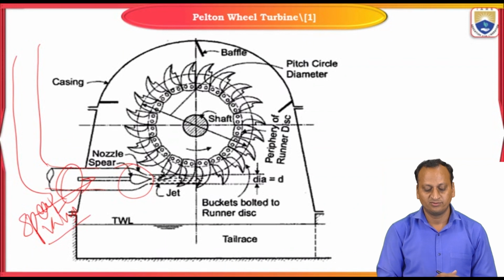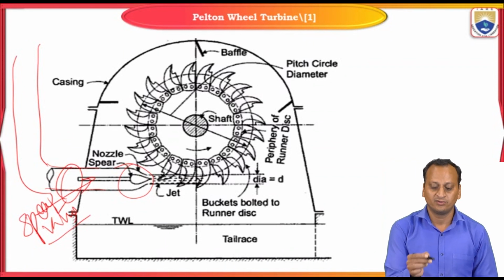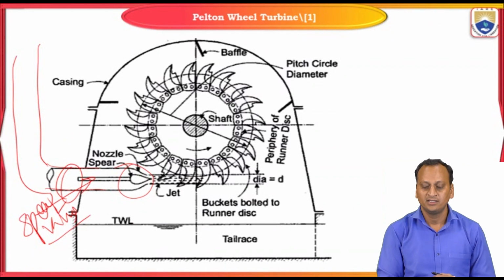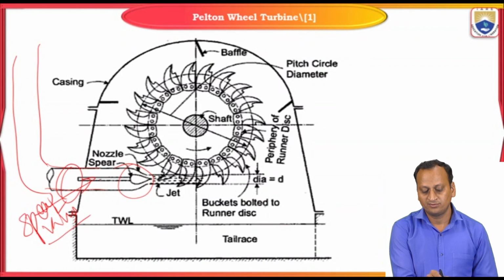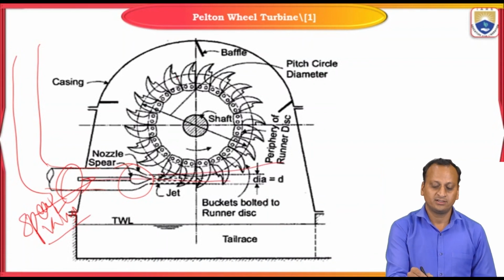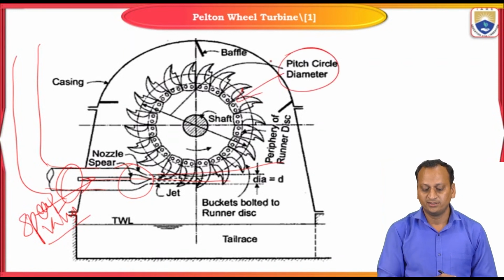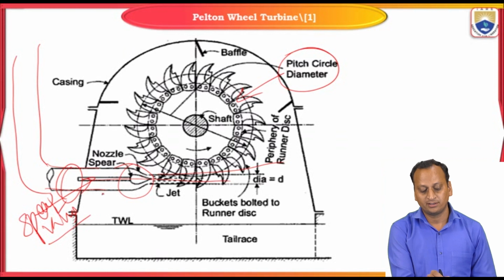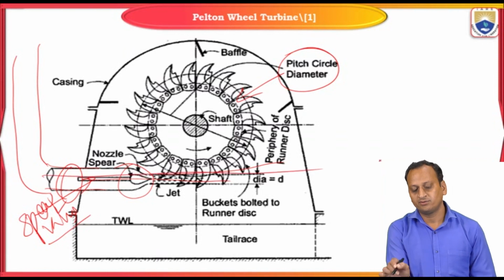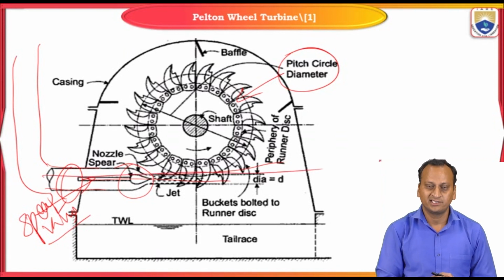Therefore, the spear valve is connected to a governing mechanism in order to cater to the varying demand outside. Then it is a tangential flow because the center of the jet is tangent to the pitch circle of the buckets. Therefore, it's a tangential flow turbine.